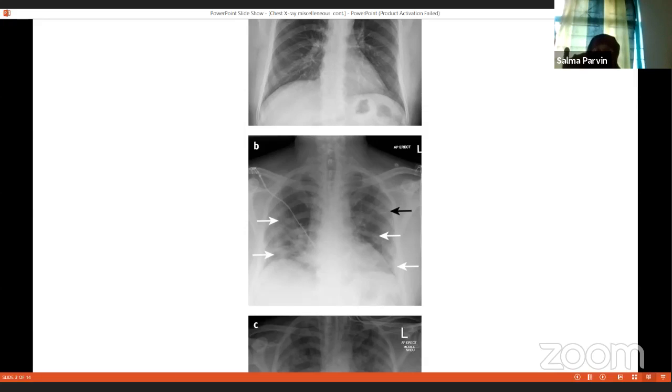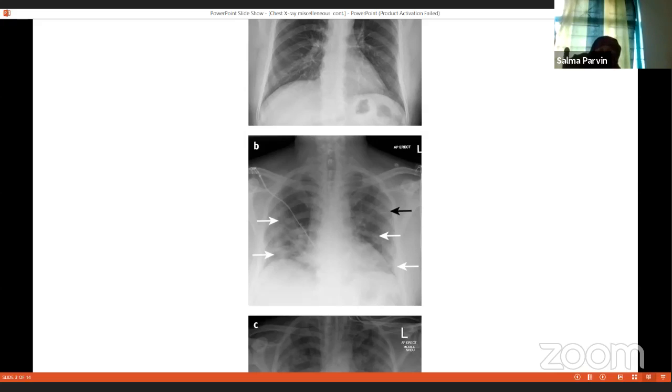We used to say band shadows on the ground glass opacities, and on the next follow-up there is increase in the area involvement, and progression of the disease results in diffuse involvement of the lung, especially the lower lobes and the posterior segmental distribution.